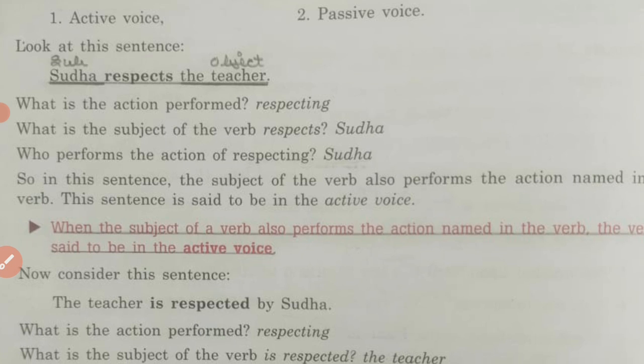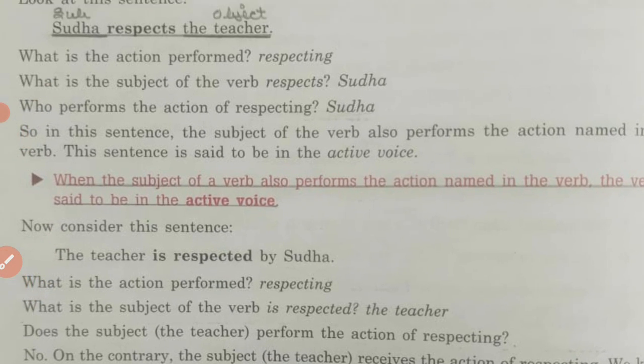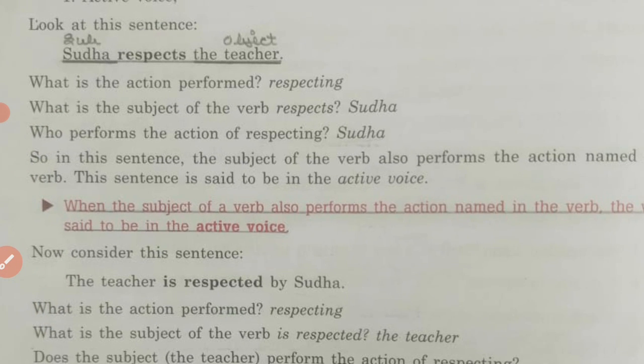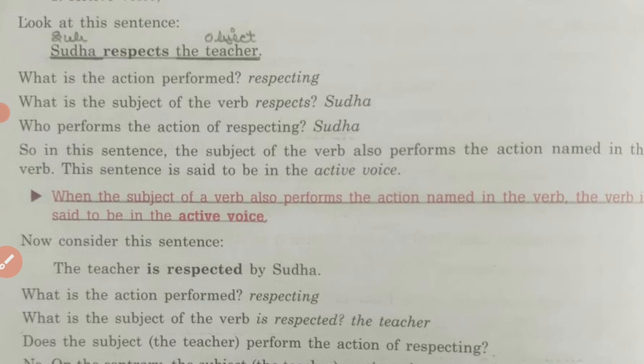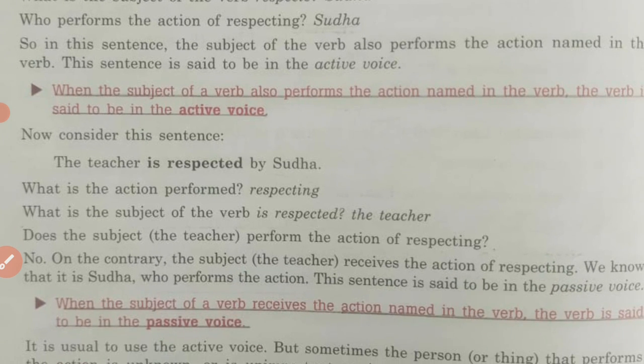So, when the subject of a verb also performs the action, Sudha is the subject of the verb and it is performing the action of respect, then the verb is said to be in the active voice. So, Sudha respects the teacher, it is the active voice. When the subject of a verb also performs the action named in the verb, the verb is said to be in the active voice.